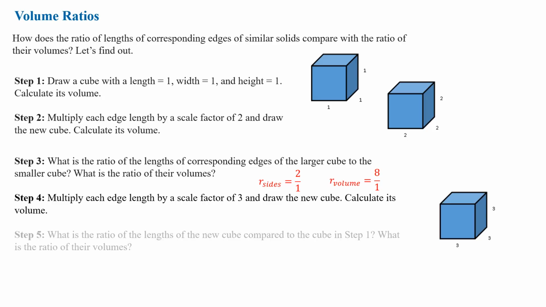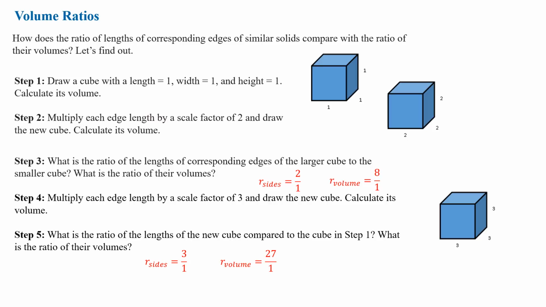If we did the same thing, where we wrote the ratios of the lengths and the ratios of the volumes, what would we see? Well, the side ratio should be 3 to 1. The volume ratio should be 27 to 1, because the big one is 27, the small one is 1.